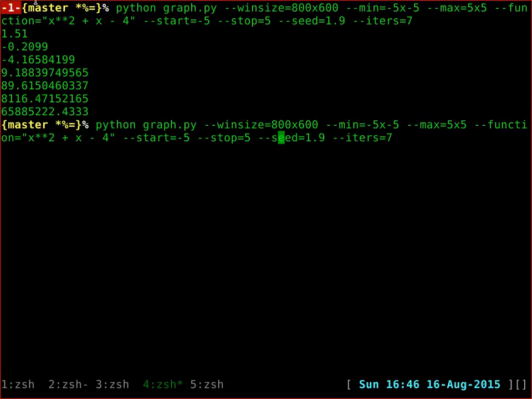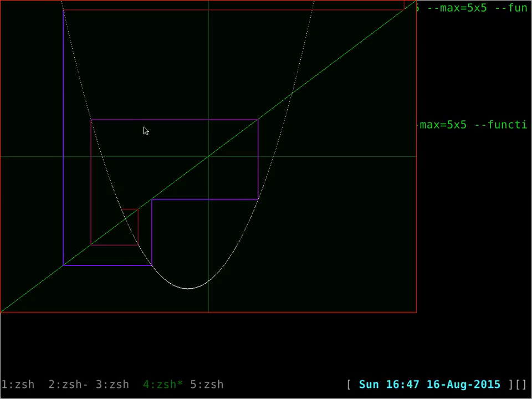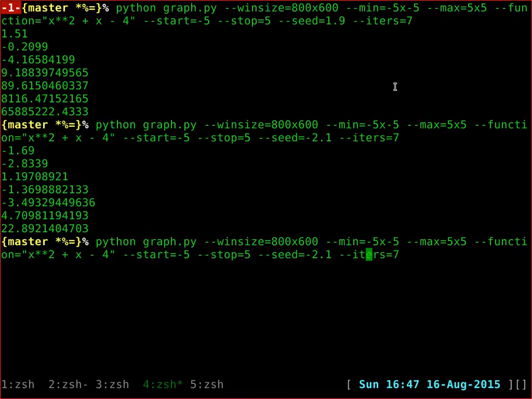What about the other one, minus 2? Minus 2 we already saw. So let's say minus 2.1. You can see that this is repelling too. It comes out from here, goes down here, goes here, goes here, comes down here, goes here, and shoots off. So it's repelling. If you go slightly above, what if you go slightly below?